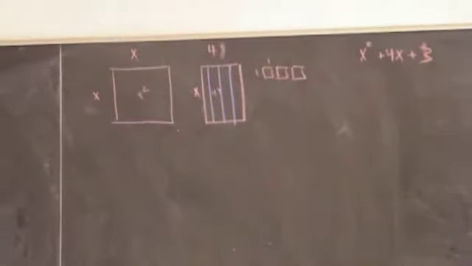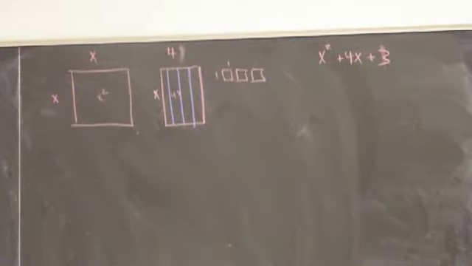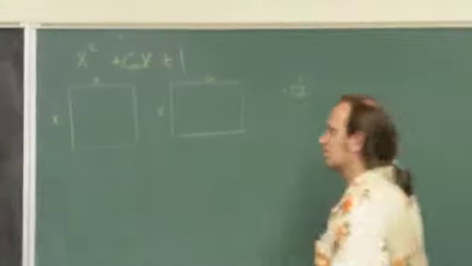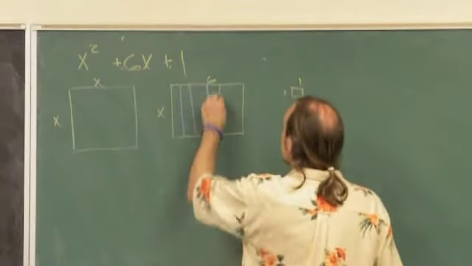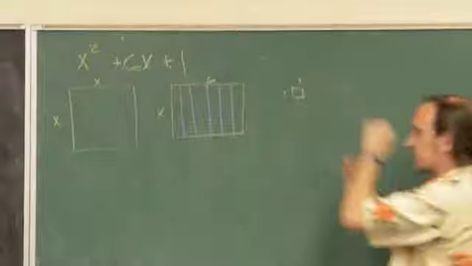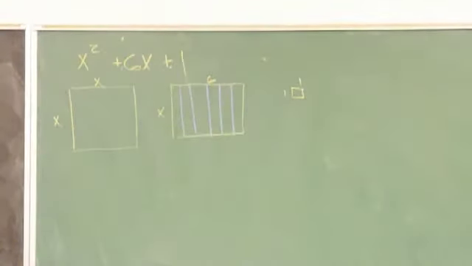Does everyone agree that a 4x rectangle could be separated into 4 1-by-x rectangles? Could we do something here? Break the 6x into 6. 1, 2, 3, 4, 5, 6. So we've got 6 little rectangles and a 1.